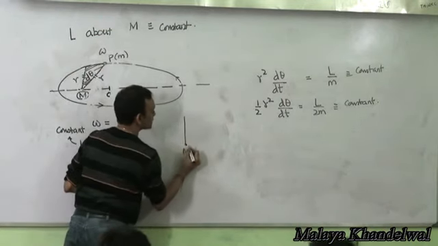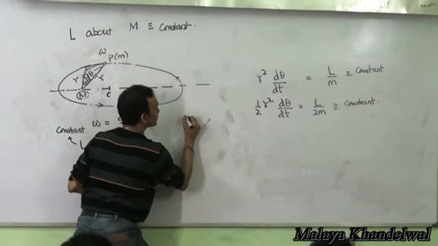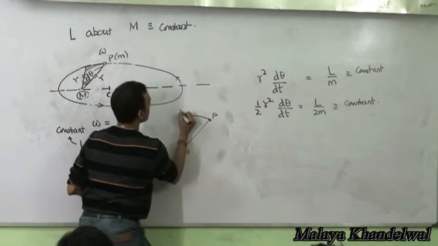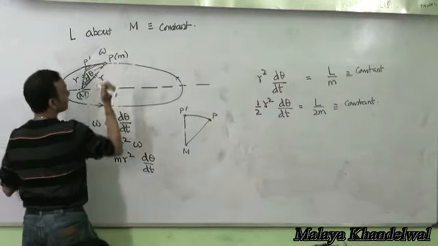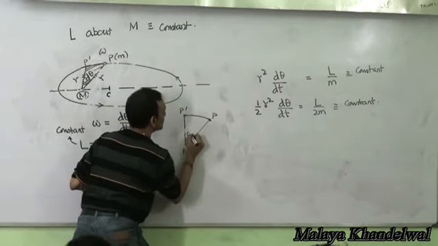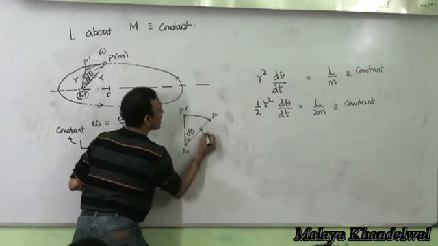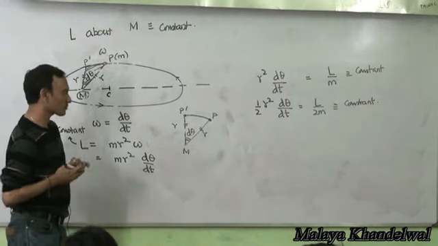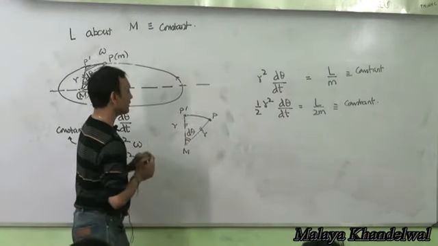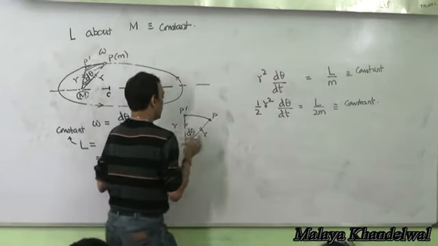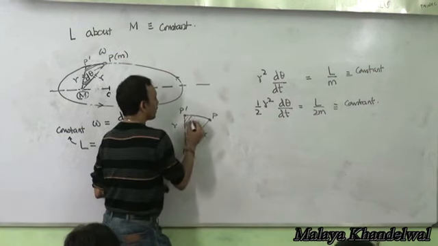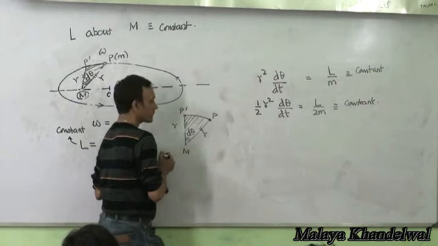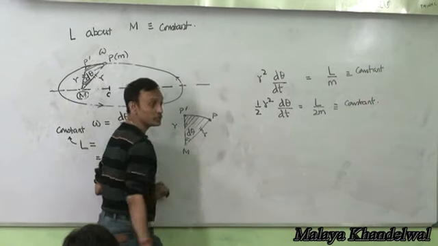Now look at this sector centered at capital M, P to P prime. This angle is d theta. This is R. Then this area is half of R squared into d theta.